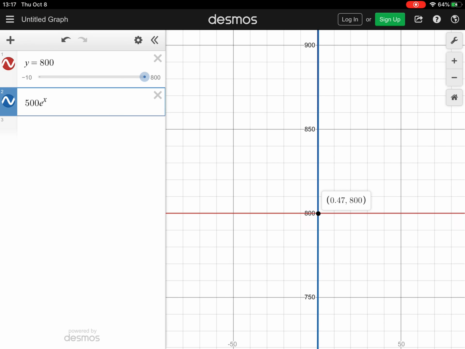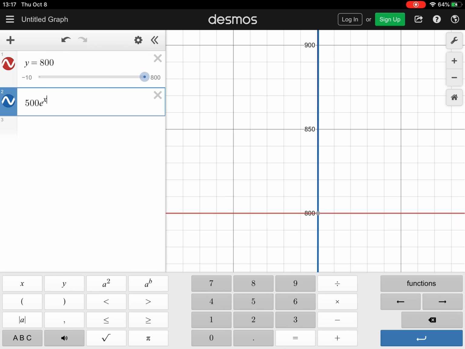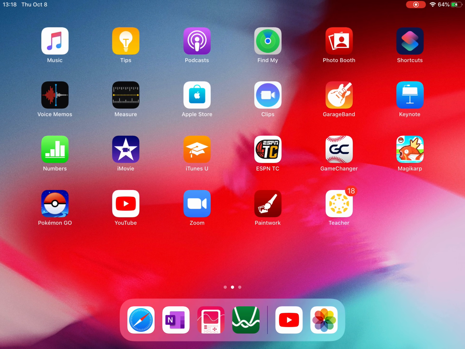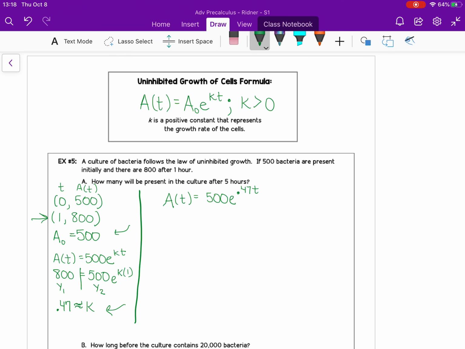Totally cool. We can also, so we now know that this is 0.47x. I know we use t, but we can look at that table, and we want to know at 5. So when it is 5, there is approximately 5,243 bacteria.